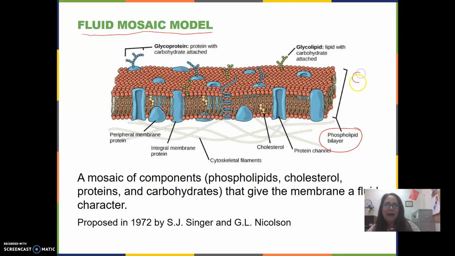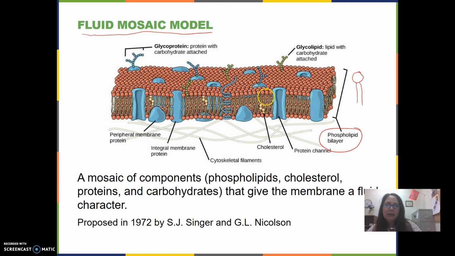Remember, phospholipids have a hydrophilic phosphate head and hydrophobic fatty acid tails. Those fatty acid tails point toward each other because they are nonpolar and insoluble in water. The phosphate heads are hydrophilic, so they point to the outside and inside of the cell where they come in contact with water.